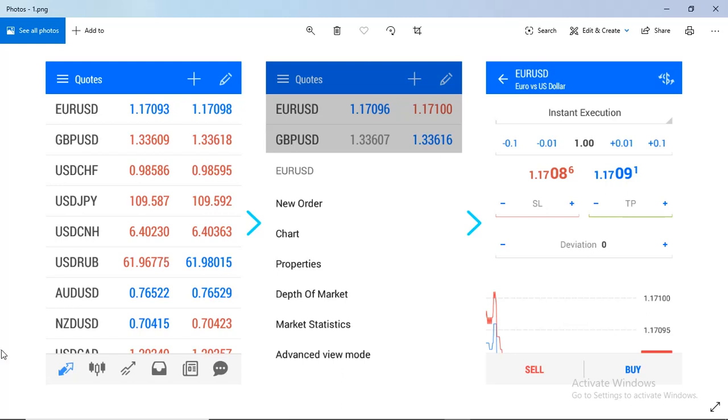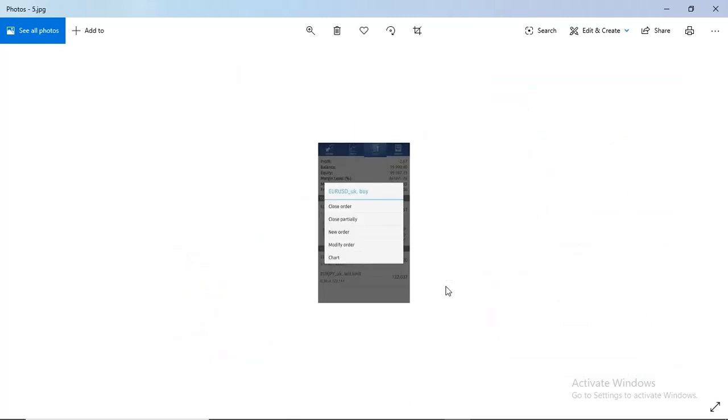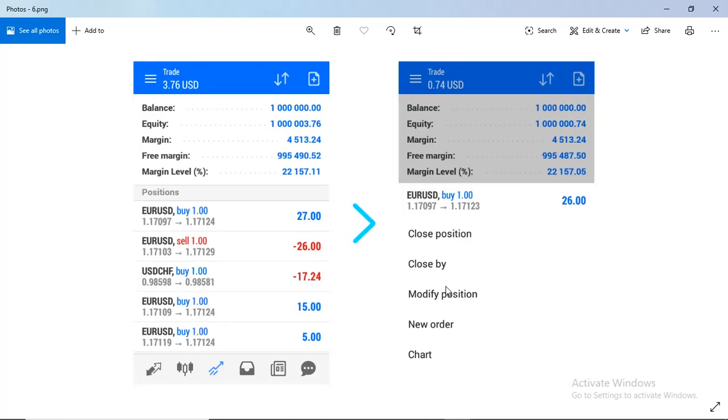Like I told you, if you click this, this is what you see, and if you click on this, then this is what you see. You come to this page. This is the page you come to.